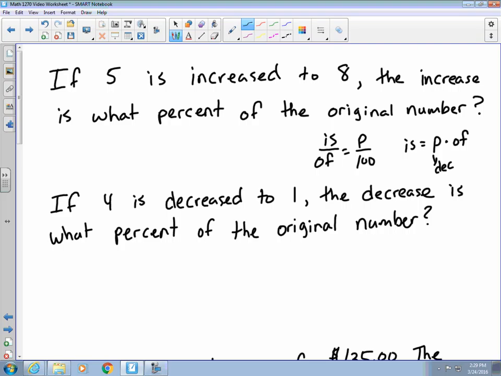I think the percent equation is a little bit more efficient, but you can decide that for yourself.